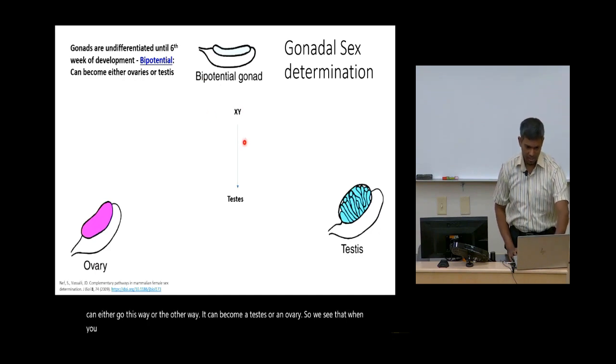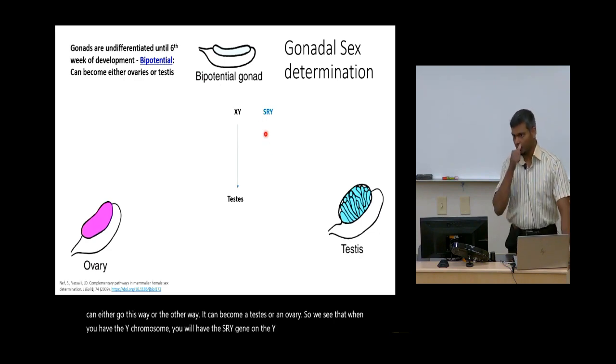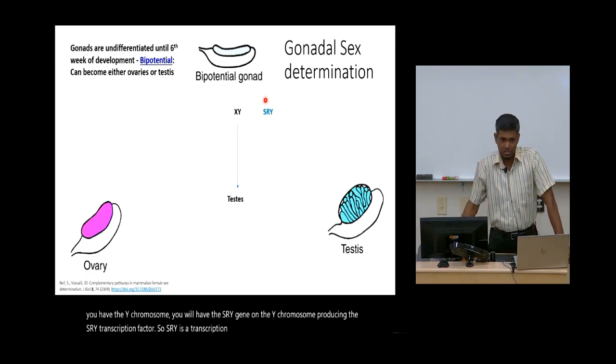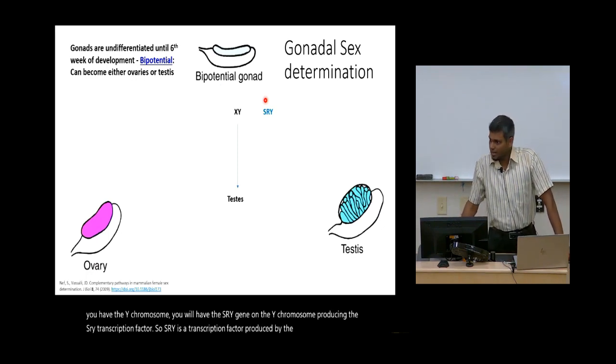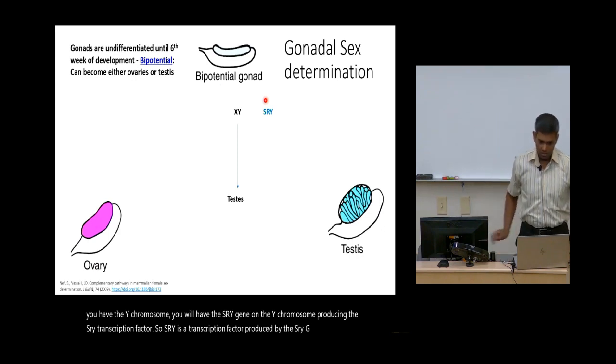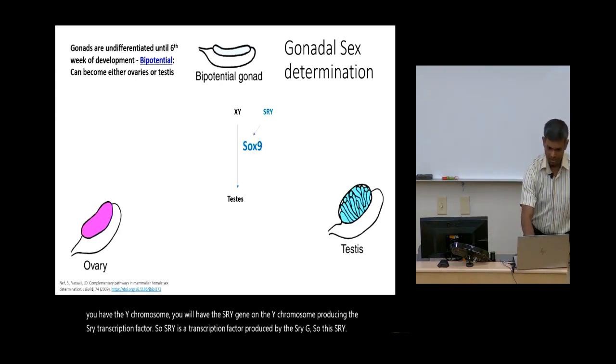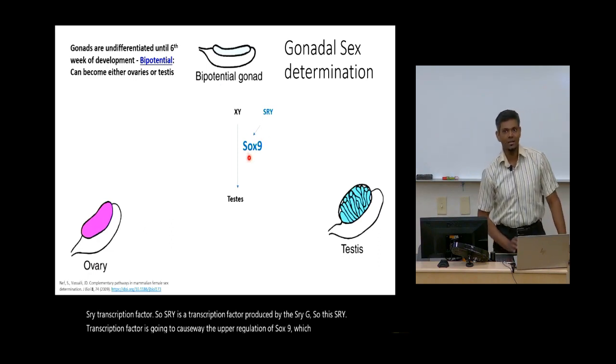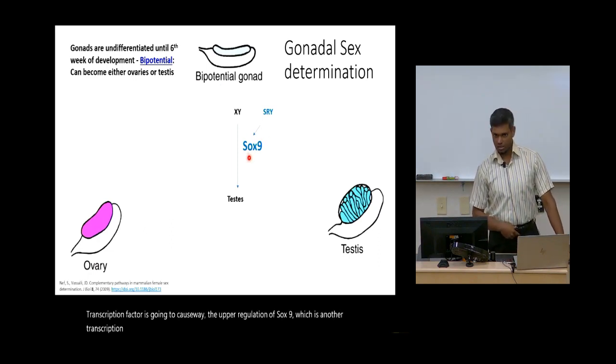When you have the Y chromosome, you will have the SRY gene on the Y chromosome producing the SRY transcription factor. So the SRY is the transcription factor produced by the SRY gene. This SRY transcription factor is going to cause the upregulation of SOX9, which is another transcription factor.